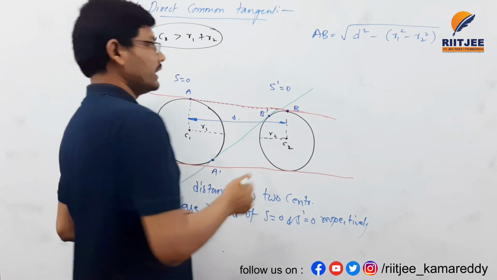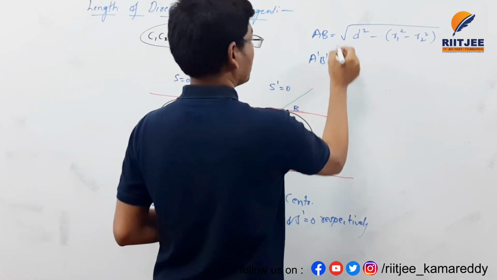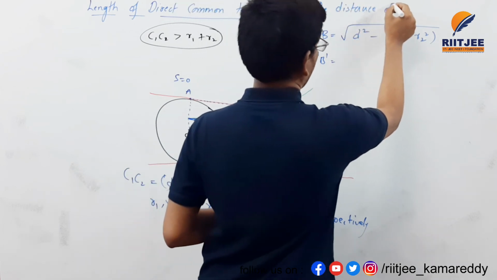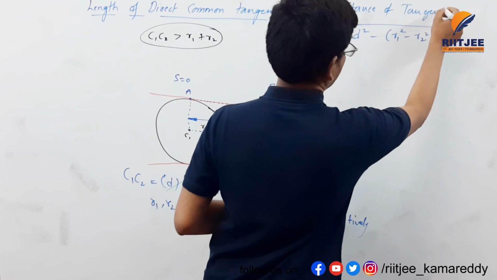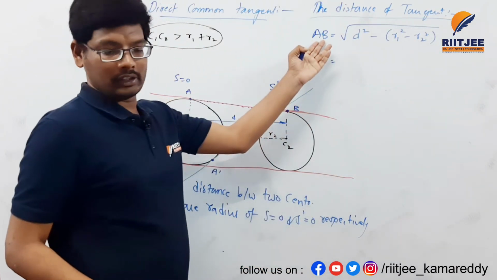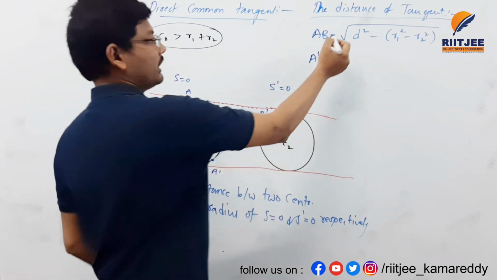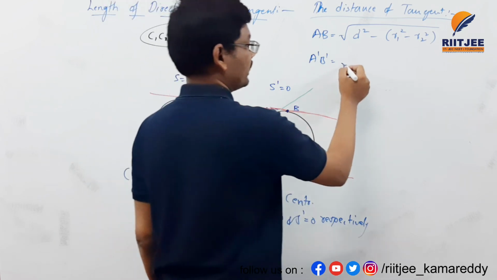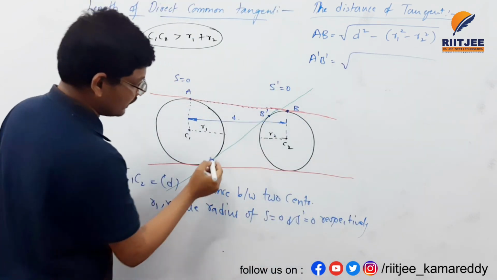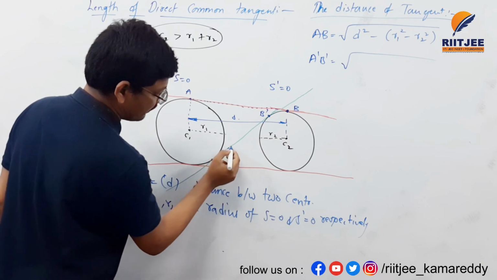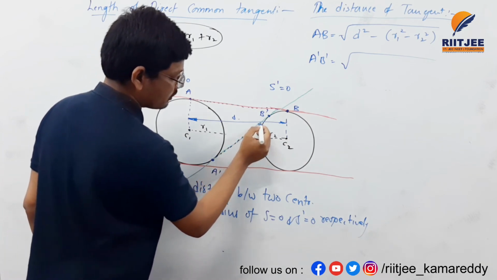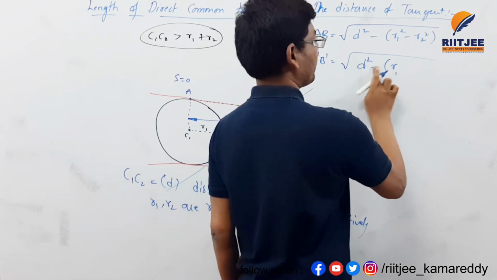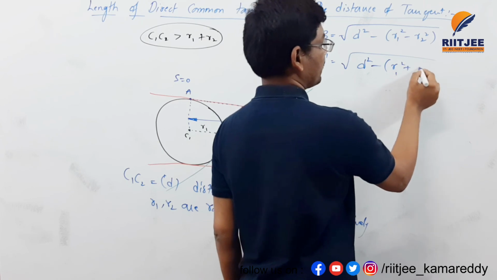And next, A'B', the length of the transversal tangent, is equal to the square root of D square minus (R1 plus R2) square.